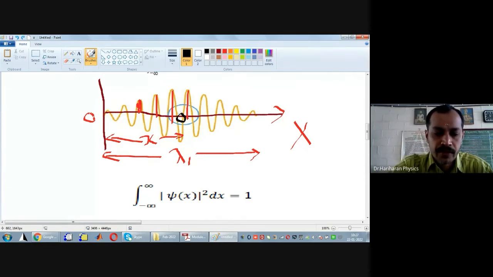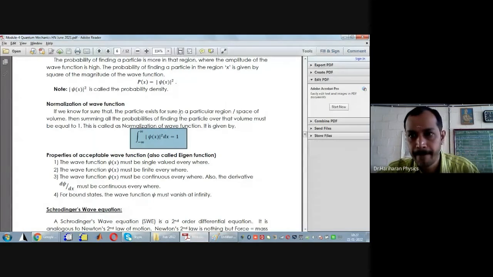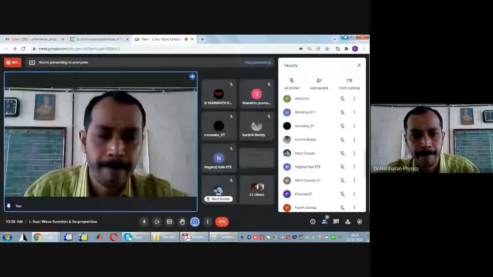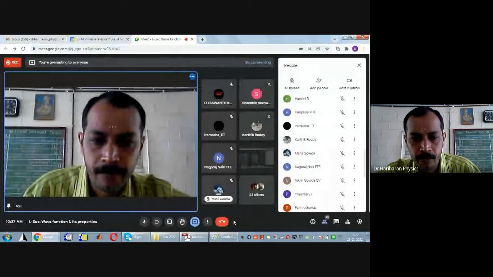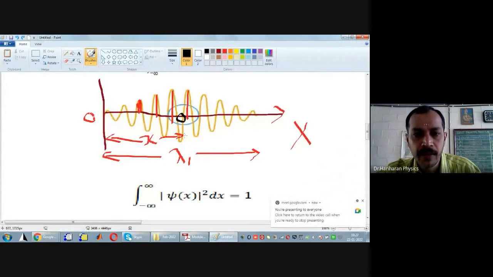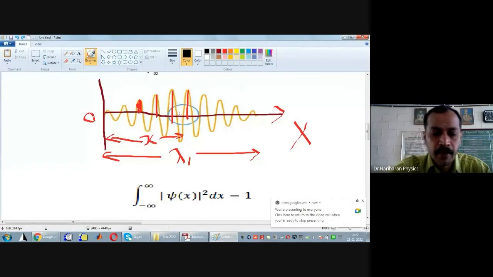Where is the camera located? The camera is located at the point x.